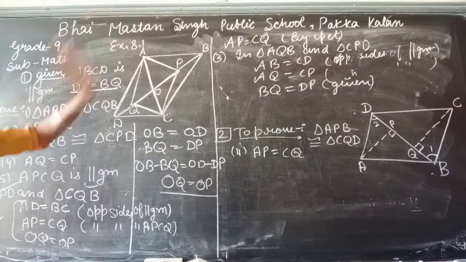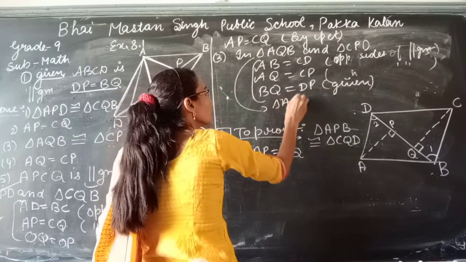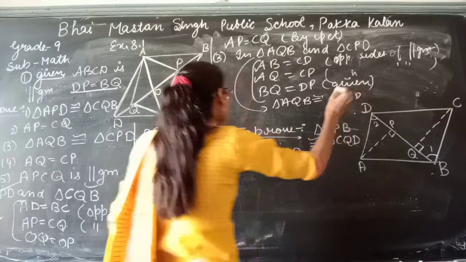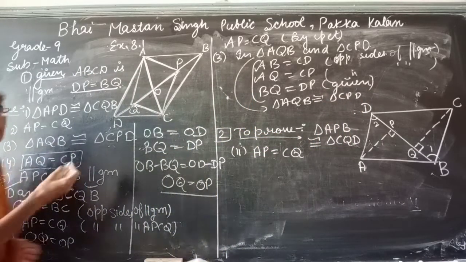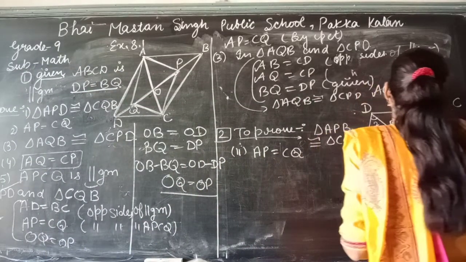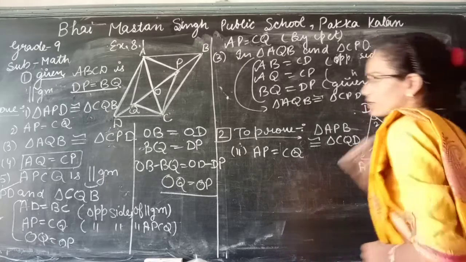So these two triangles are also congruent. If this is congruent, then AQ is equal to CP by CPCT.